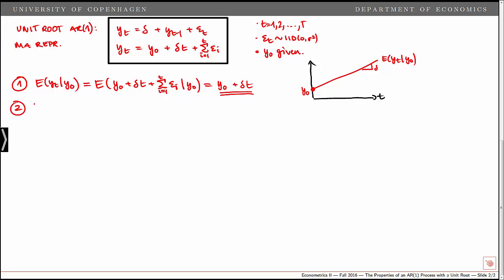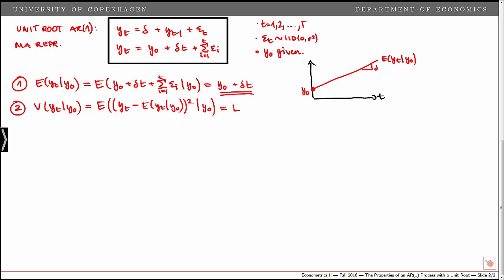Next, we look at the variance of y_t given the initial value y_0. And this is the same as the expected value of y_t minus the conditional expectation of y_t given y_0, squared, and then we condition on y_0. Again, we simply plug in using the MA representation and what we got up here.